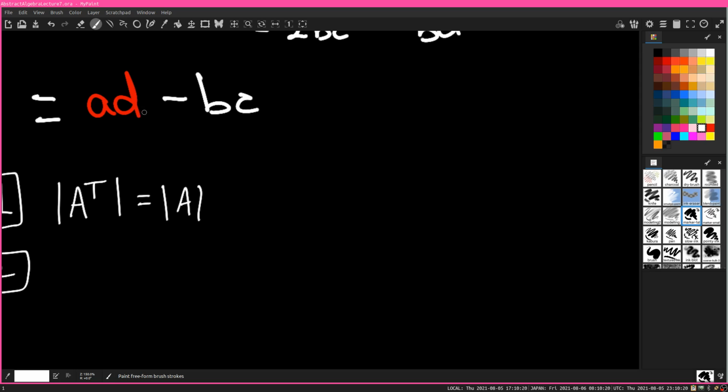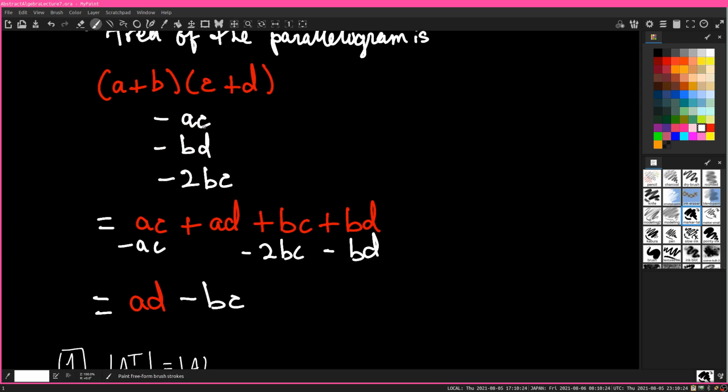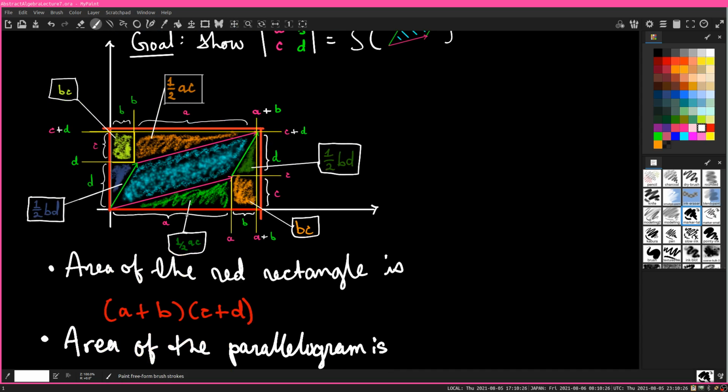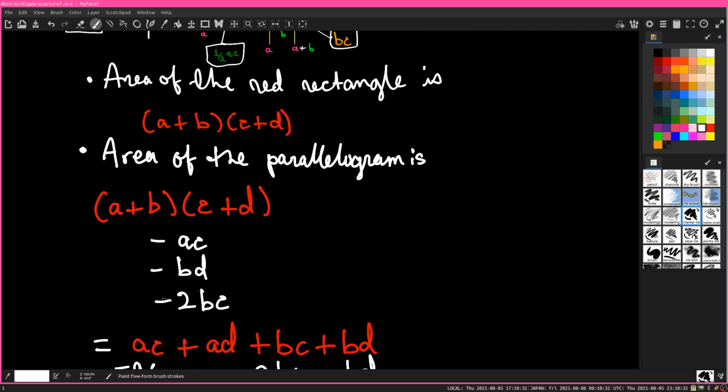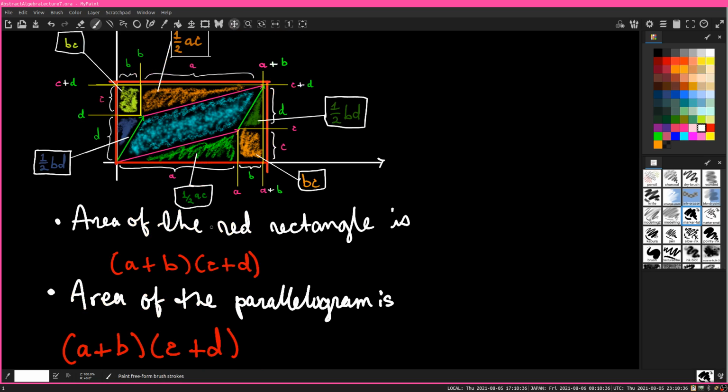A clarification: here we're just doing geometric areas, which are always strictly positive. You're never going to do this computation and wind up with a negative area for this turquoise parallelogram.